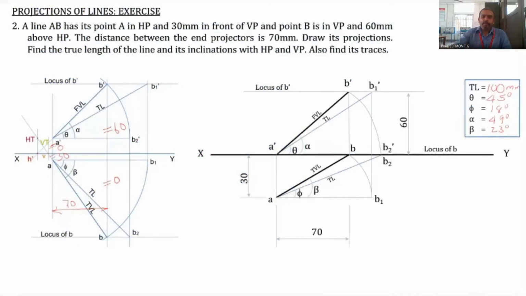Now let's move on to the next question. The next question is somewhat a different one. Different in the sense that in the previous two examples, what we have seen is that the projections were given: the distance of A dash from XY, distance of A from XY, distance of B dash from XY, distance of B from XY.